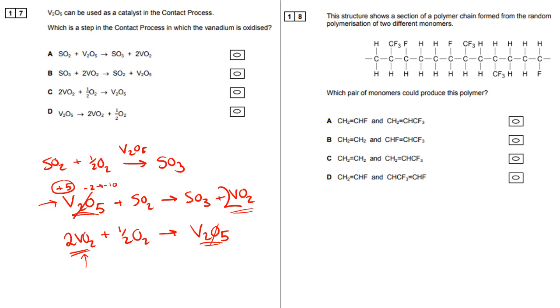Well, oxygen's -2, so you've got 2 lots of -2, so the vanadium must be +4. So when V2O5 goes to VO2, going from a +5 to a +4 oxidation state, the vanadium is reduced. So V2O5 to VO2 cannot be correct.